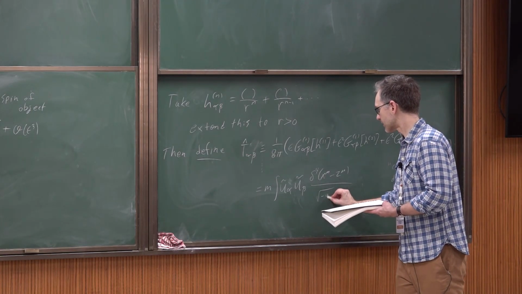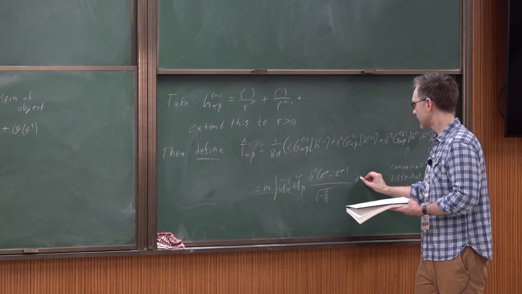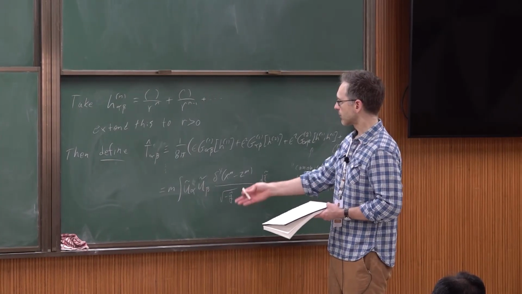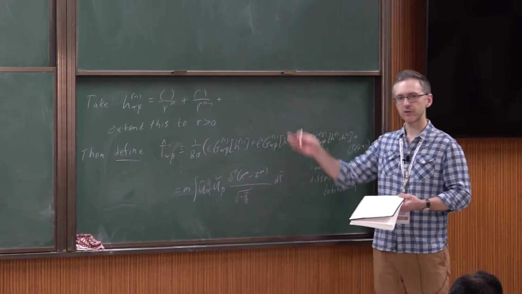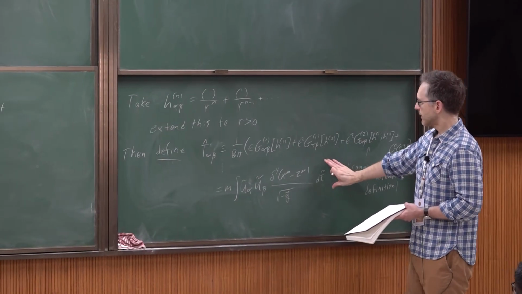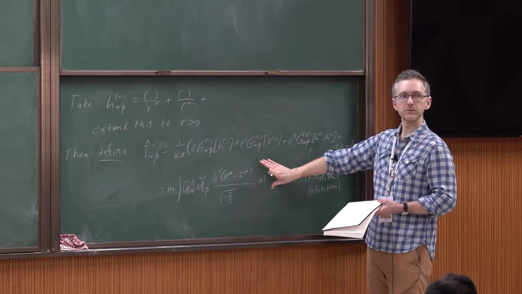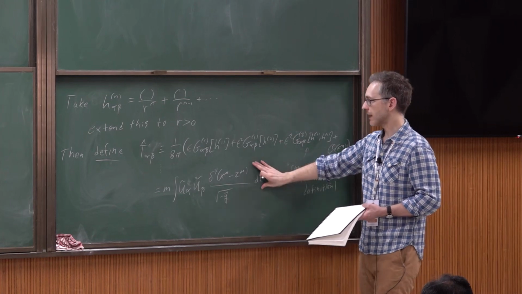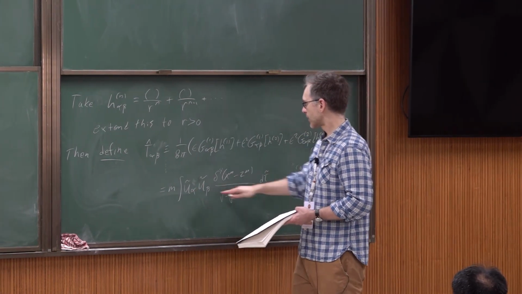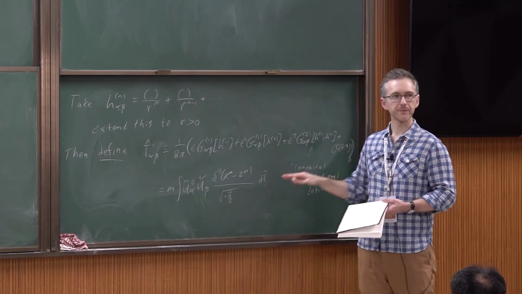This is an integral along the trajectory r equals 0. This is exactly a point particle distribution, a point mass distribution, but everything here is defined in the effective metric.